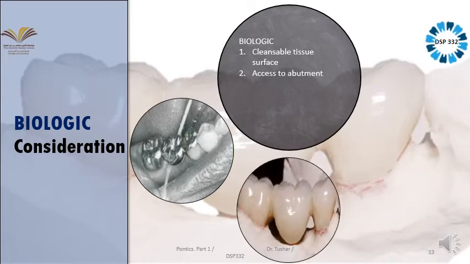Access to the abutment should be easy. There should be a sufficient amount of space so that you can clean it properly and have access to the abutment tooth also to maintain cleanliness.